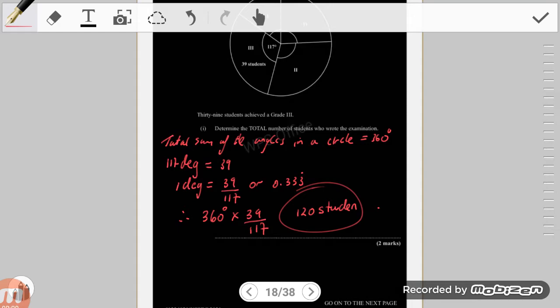So this represents the total proportion, which is whatever the ratio is supposed to be. But we know something from it. We know that the number of persons who got a grade 3 is 39.